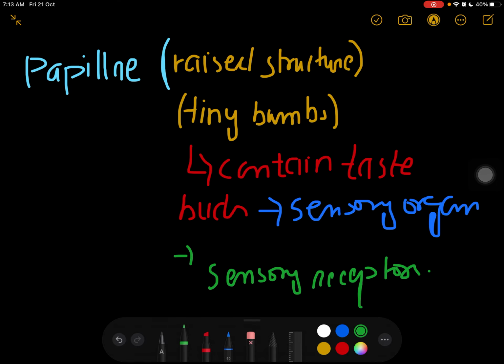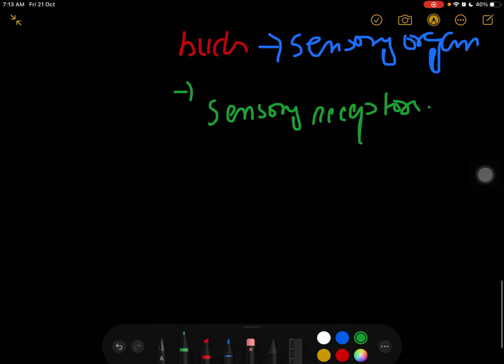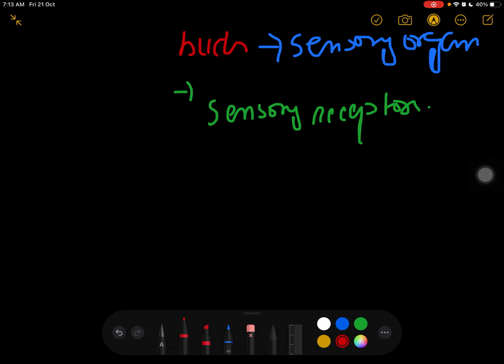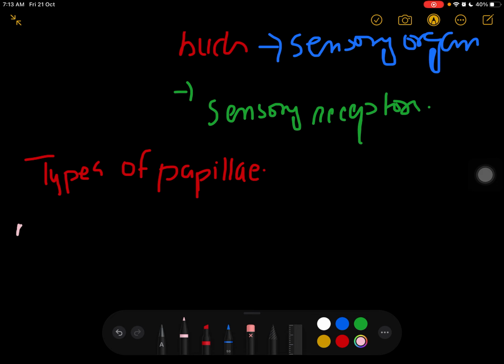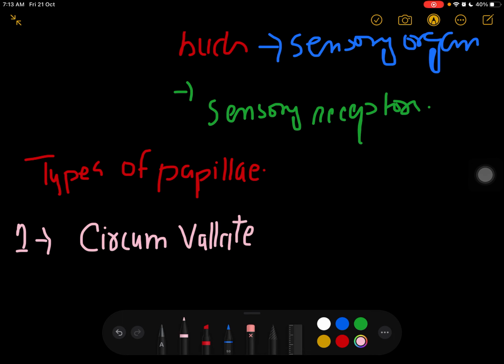Now let's talk about the types of papillae. Basically, there are four types of papillae. Number 1 is circumvallate.